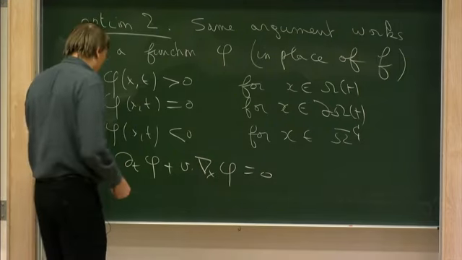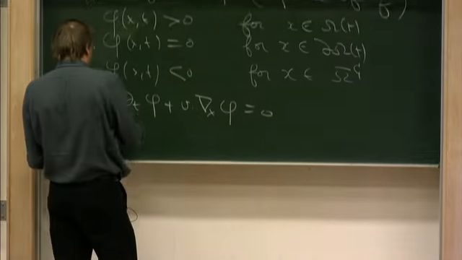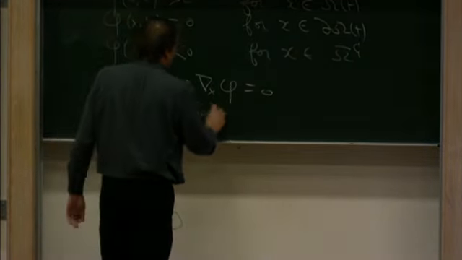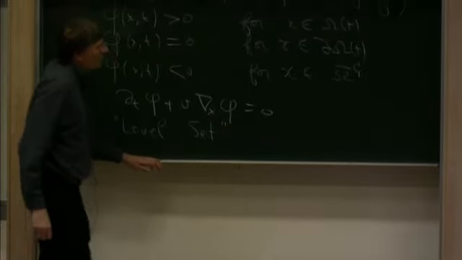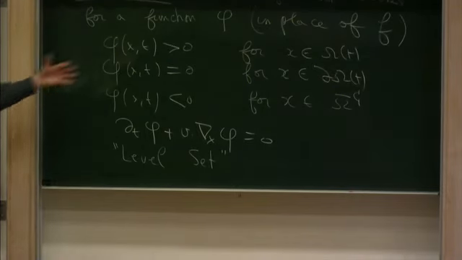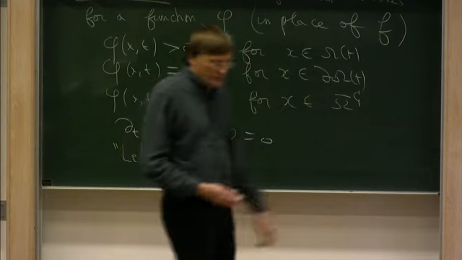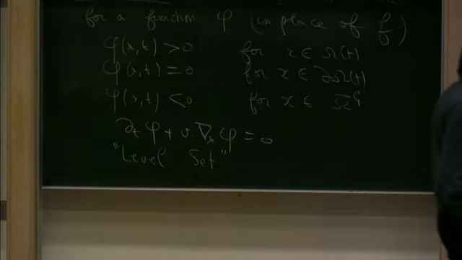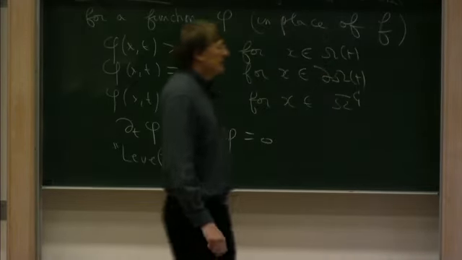So that is called the level set method, where phi equals 0. So it's better because you don't handle discontinuous functions. You handle eventually continuous or even Lipschitz continuous solutions.